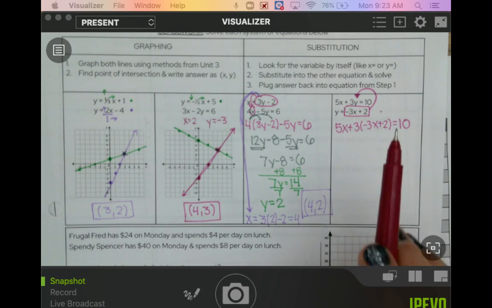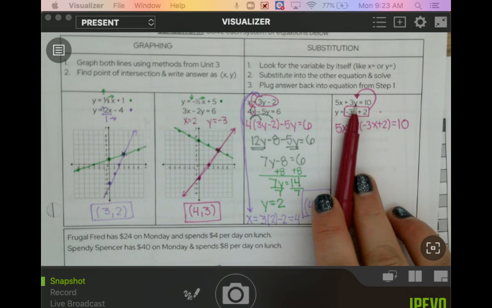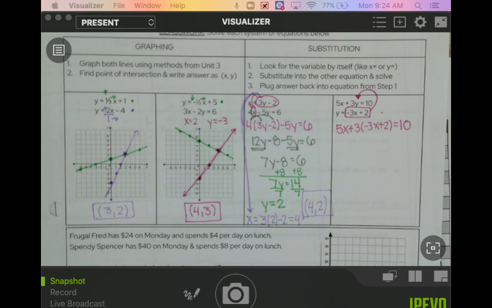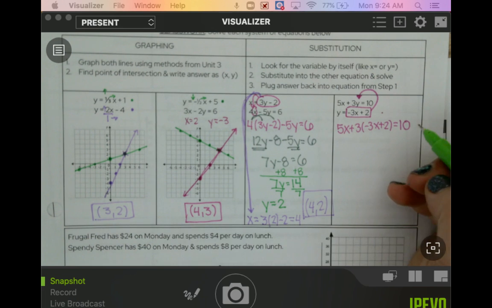So I'm going to rewrite this entire equation, but instead of y, I'm going to put negative 3x plus 2. And I know it's weird, but there's got to be a way of solving an equation where you replace one variable with the other one. And that's the easiest way to do it.